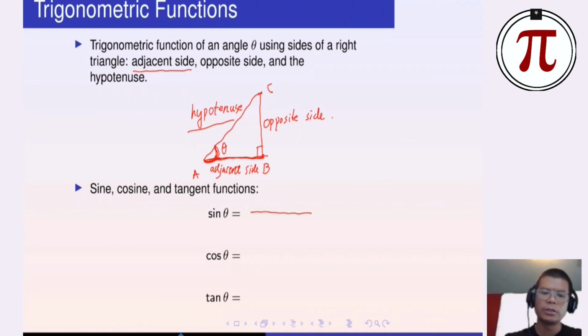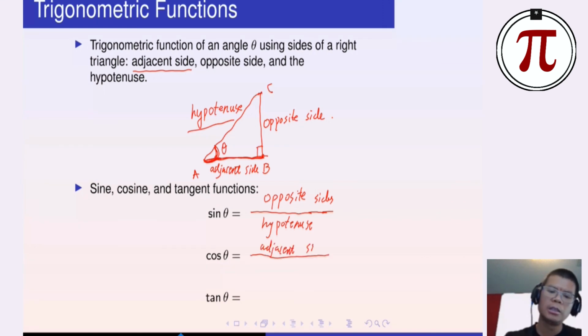Okay, so it is opposite over hypotenuse. Sine of theta is opposite over hypotenuse. Now cosine is what? It is the adjacent side over hypotenuse.